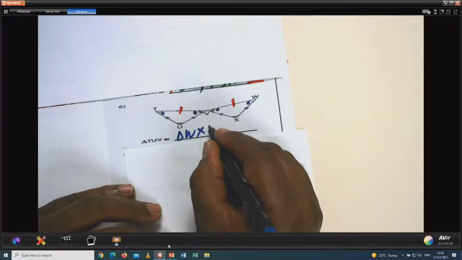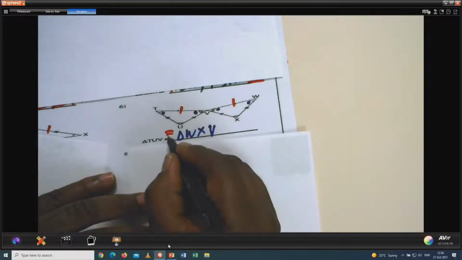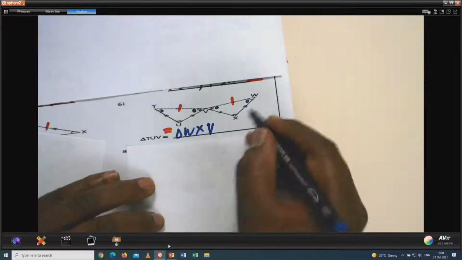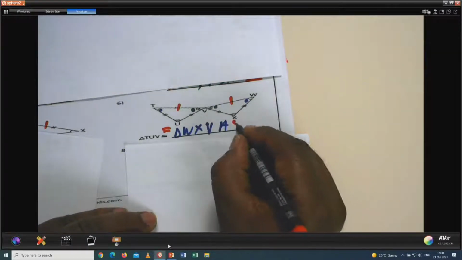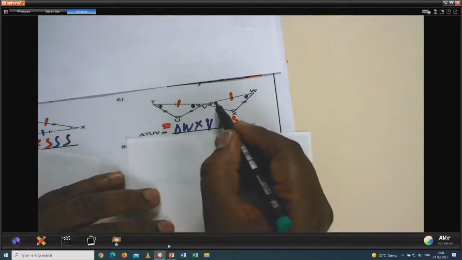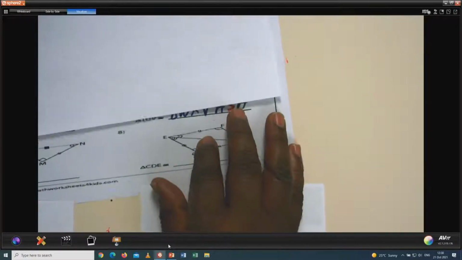Therefore, that's your V. But why are they congruent? It's an angle equal, a side equal, then angles equal. That's all you must have done, and I'm sure you got it correctly.